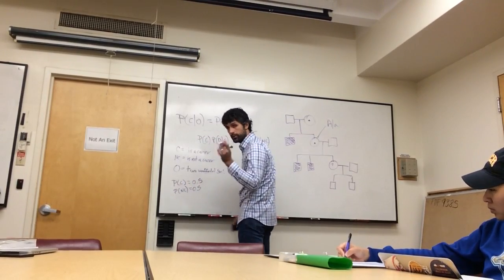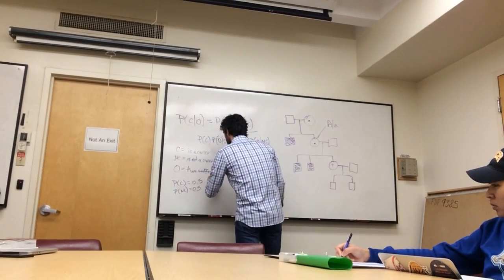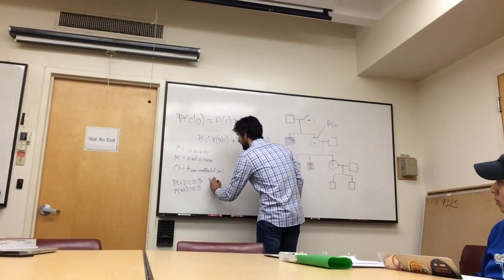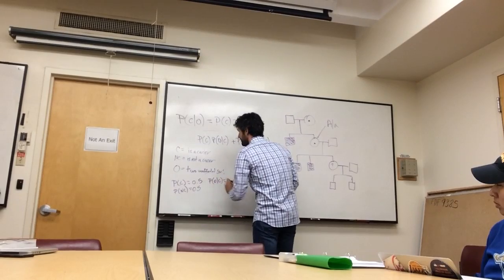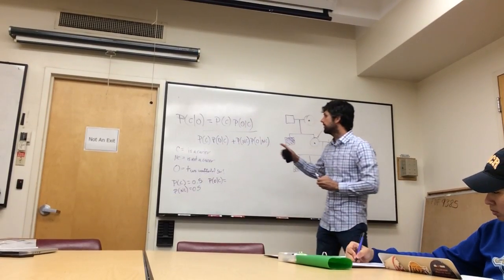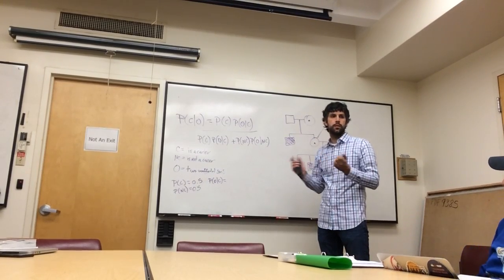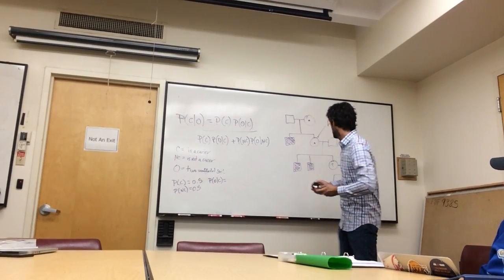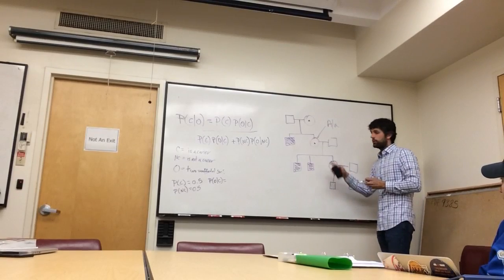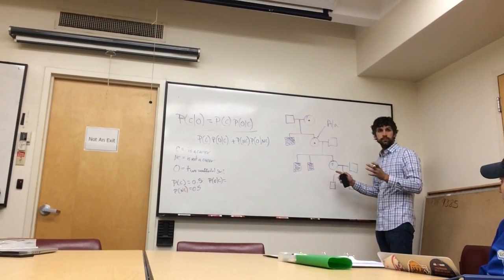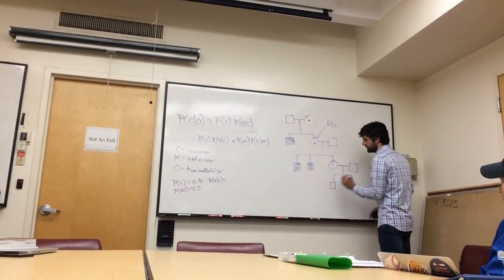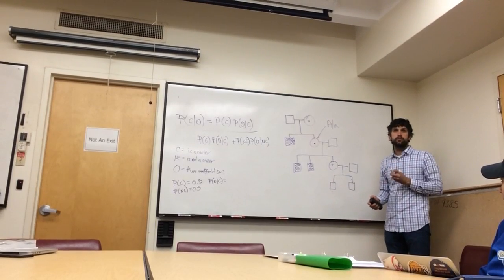Now, the harder ones. The probability of observing two unaffected sons if she is a carrier. This is going to be the hardest part of this problem. So if she is a carrier, we're assuming that she's heterozygous here. What is the probability that this son will be unaffected?